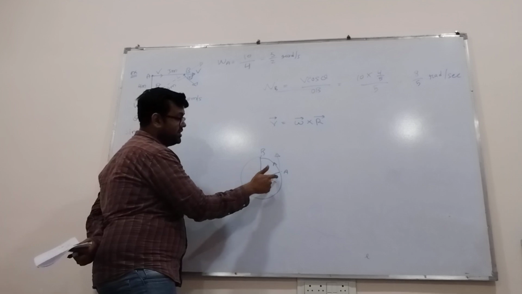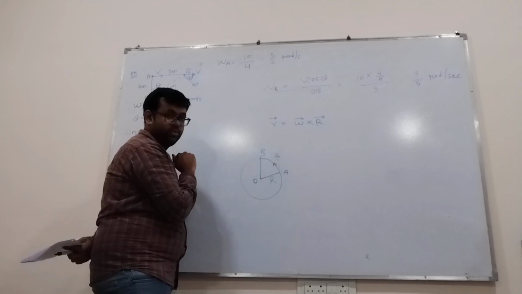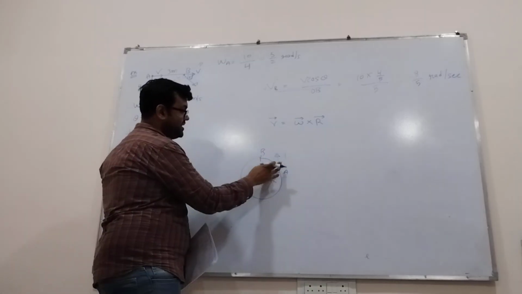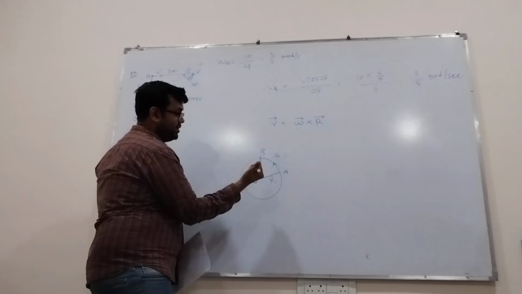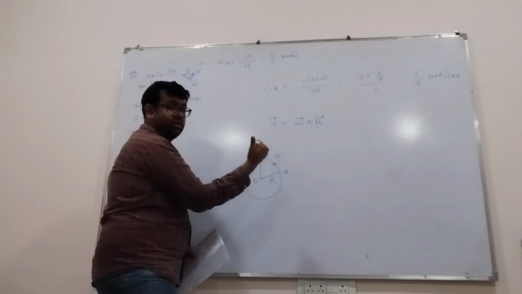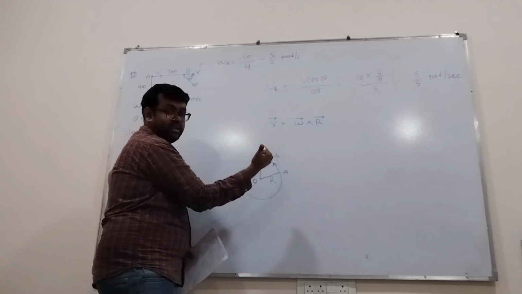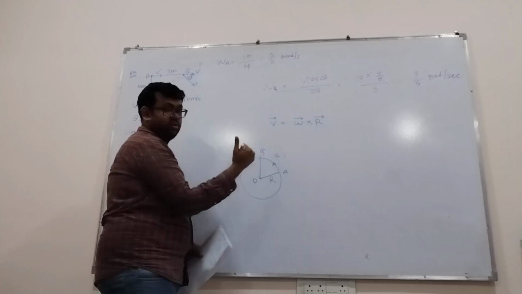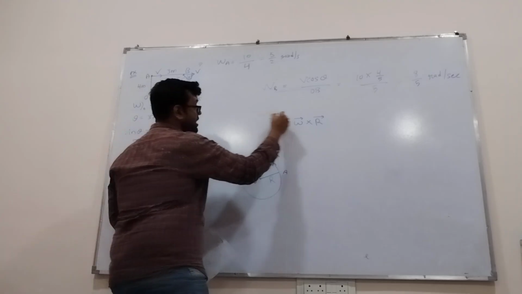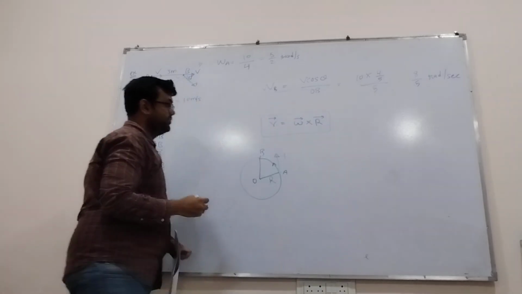Velocity v is in this plane, and omega is out of the plane, so omega and v are also making an angle of 90 degree, right? So all these terms are perpendicular to each other.